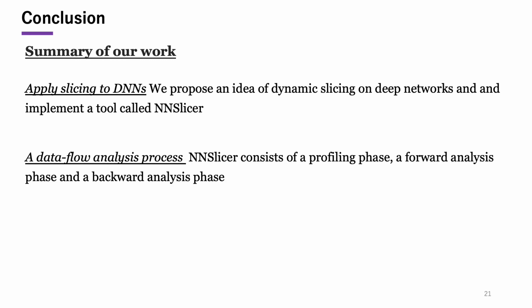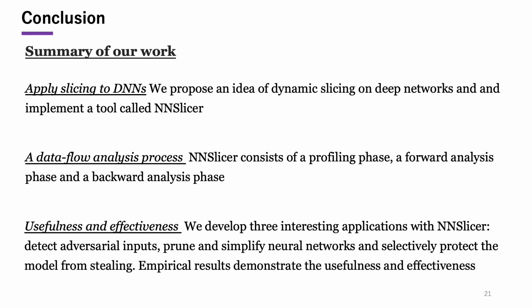The working process of NNSlicer consists of a profiling phase, a forward analysis phase, and a backward analysis phase. The usefulness and effectiveness of NNSlicer are demonstrated with three applications on adversarial sample detection, targeted model pruning, and selective model protection.